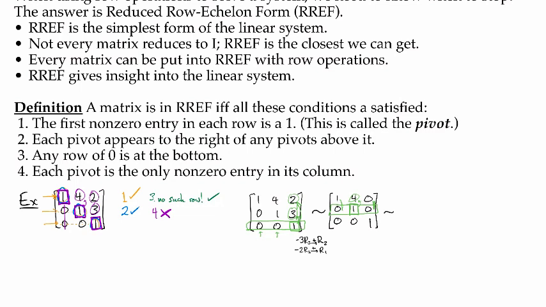So I'll add -4 times row 2 to row 1, and that gets me 1, 0, 0. Then we have 0, 1, 0 and 0, 0, 1 from before. At this point we see that this one did row reduce to the identity. So the reduced row echelon form of this matrix is the identity.